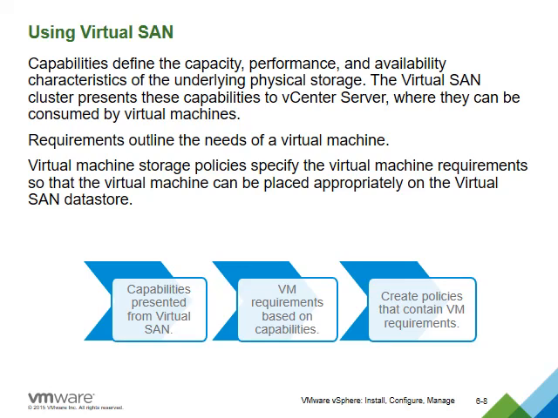In vCenter Server, storage characteristics of the virtual SAN data store appear as a set of capabilities. You can reference these capabilities when defining a storage policy for virtual machines. When you later deploy virtual machines, virtual SAN uses this policy to place virtual machines in the optimum manner based on the requirements of your virtual machine.